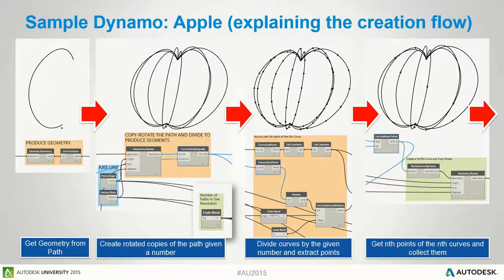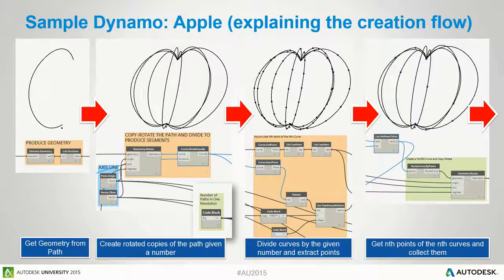When we gather those points, we have to extract some points that we need to create the NURBS curve afterwards. As I mentioned here, we get the end points of the curves to collect them.